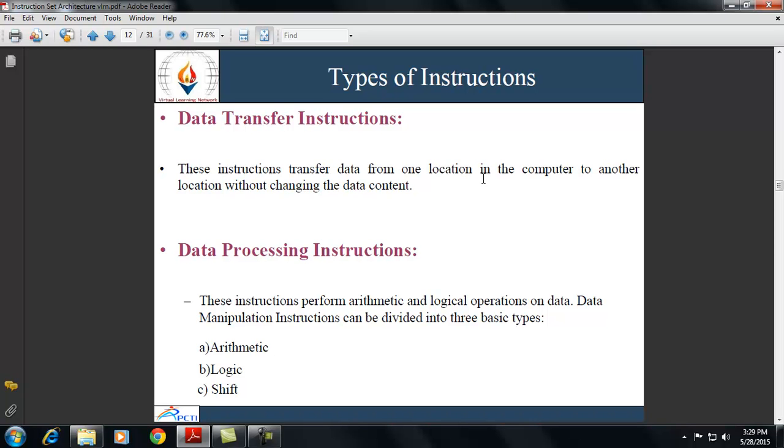On the arithmetic shift right, the sign bit is replicated into the bit position to its right, and on the arithmetic shift left, a logical shift left is performed on all the bits but the sign bit, which is retained. Next one is circular shift, that is rotate left and rotate right. Bits shifted out at one end of the word are not lost as in the logical shift but are circulated back into the other end.